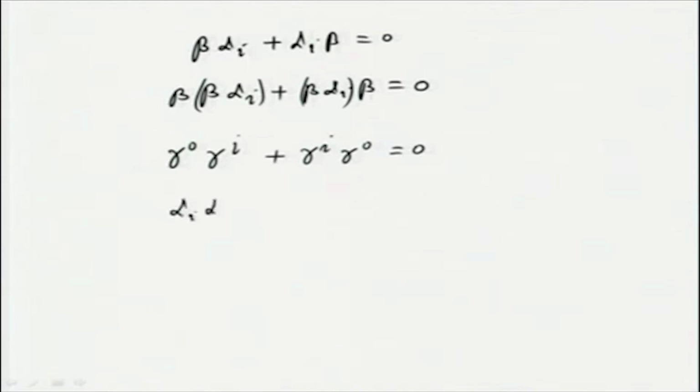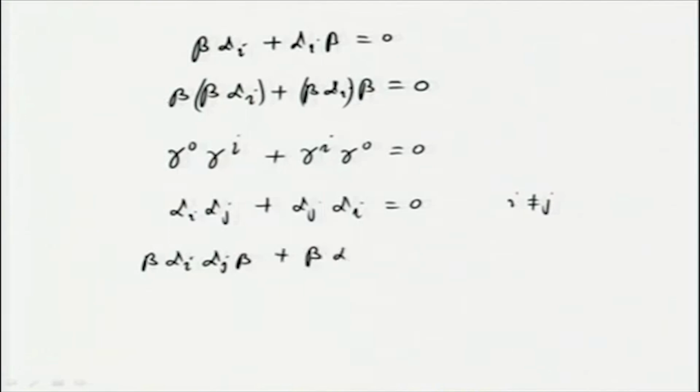Take alpha i and alpha j for i not equal to j, anti-commute. Multiply again by beta from both sides, okay? Alpha i alpha j plus alpha j alpha i, beta equal to 0. We knew because of the first line here, beta alpha i is equal to minus alpha i beta.